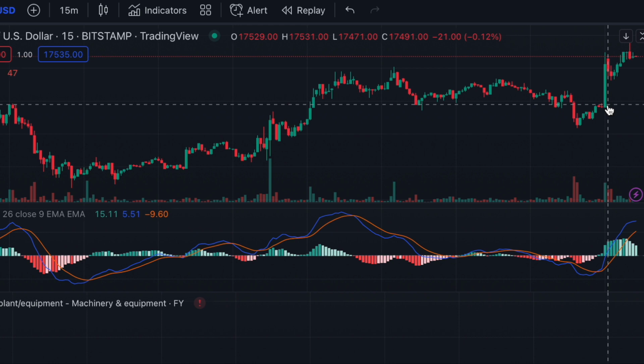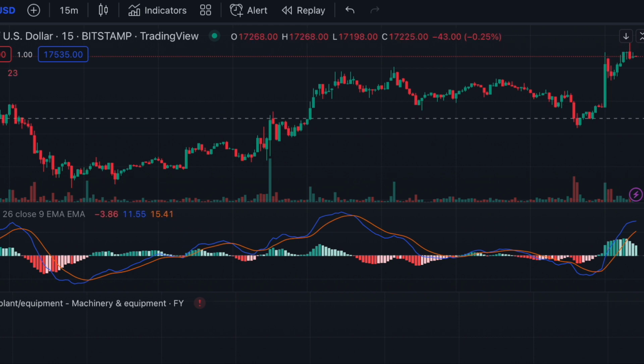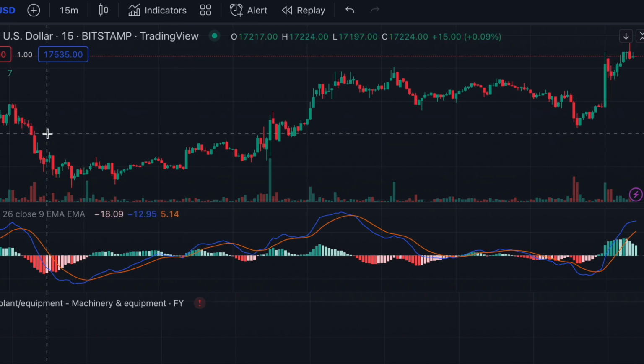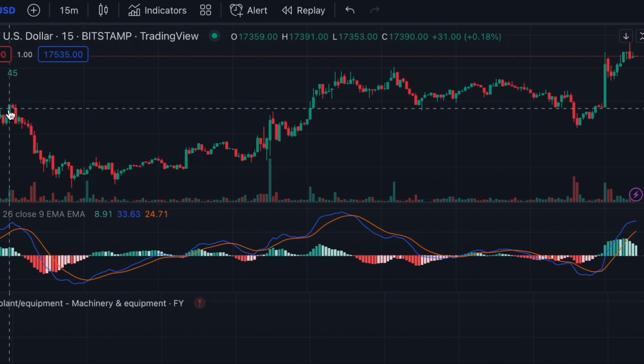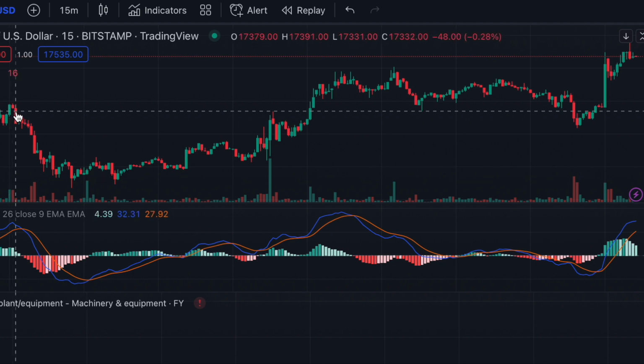And let's say you want to sell. Let's say, for instance, we are over here and you're somewhere around here. You have Bitcoin and you want to sell, but you don't know when to sell. Now, as you see, a little sell-off is coming out, and then we look at the MACD line.